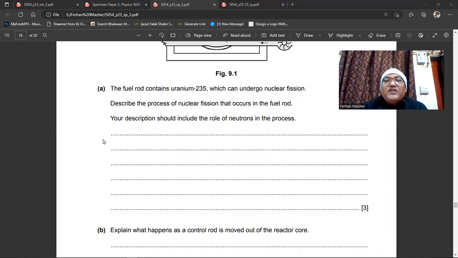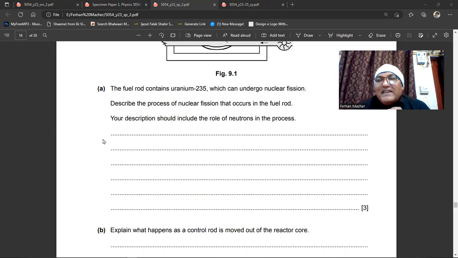Okay, so what we do, we take a neutron and we accelerate it, and then we bombard the nucleus of the uranium-235. So when the neutron hits the nucleus of the uranium-235, the nucleus breaks. It splits into two smaller nuclei, and we call them daughter nuclei.